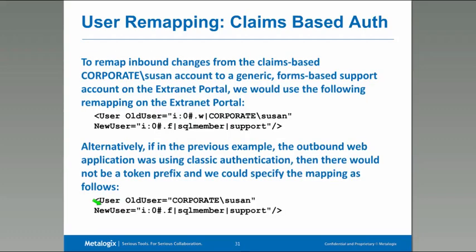That's for people that might be going from 2007 to 2010, where they have claims-based turned on. So for example, old user in the old format, domain username, and then on our new 2010 server, it's claims-based, so we have a claims token, username, domain username. Okay.